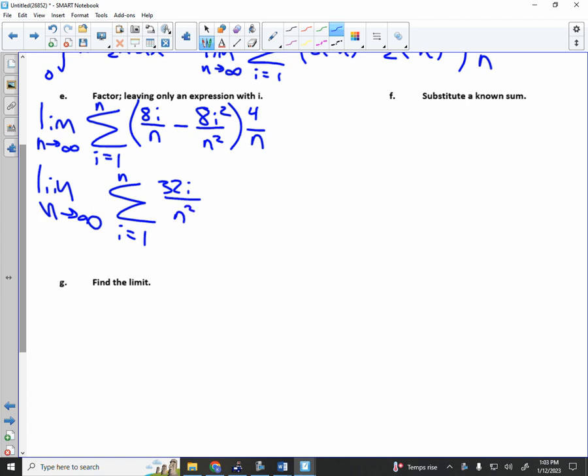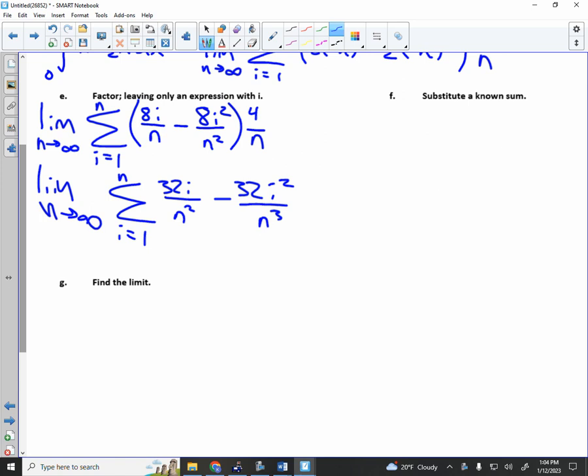Notice how the i is 1 degree less than the n squared. That's important. Minus 32i squared over n cubed. Notice how the n is 1 degree greater than the i. That has to happen. Okay?